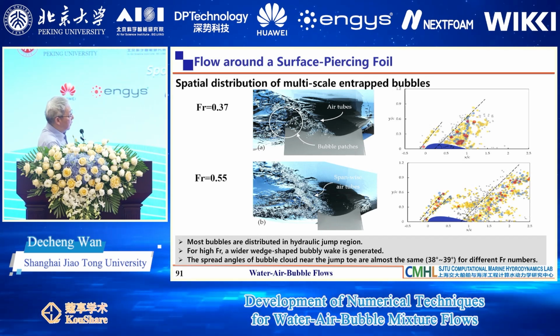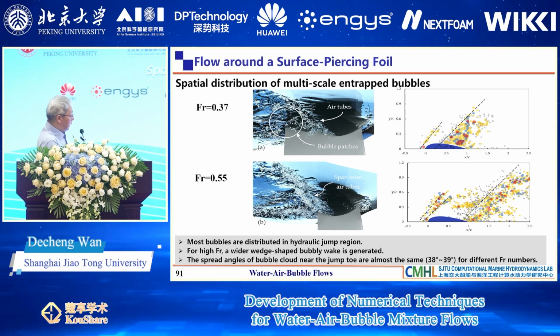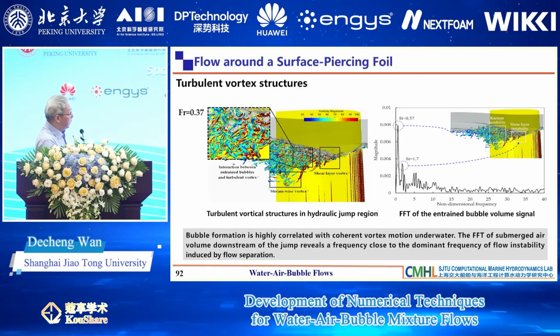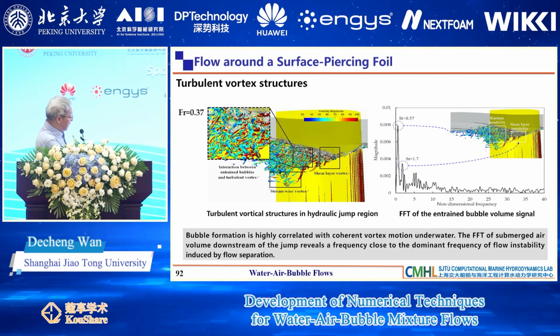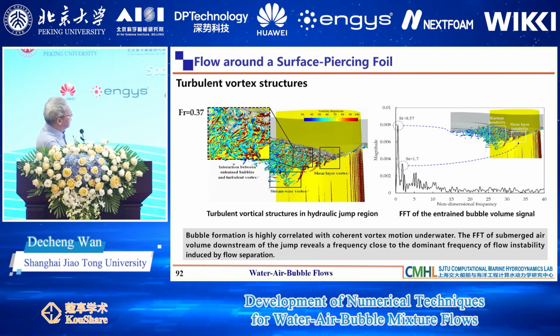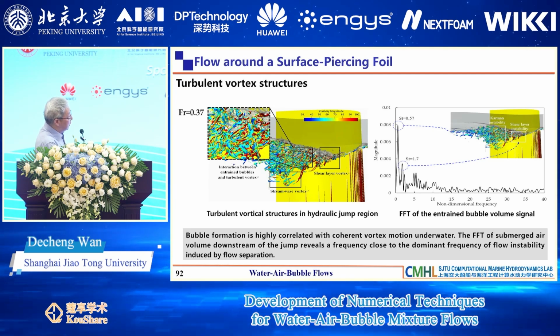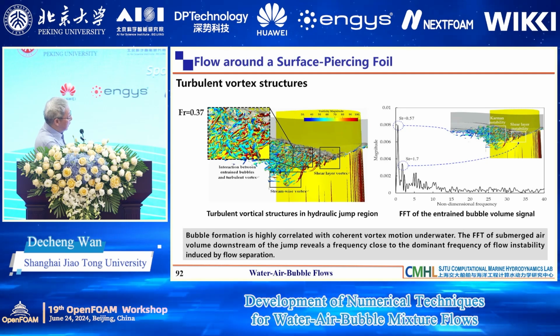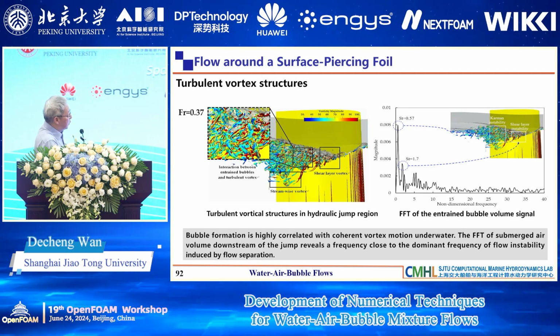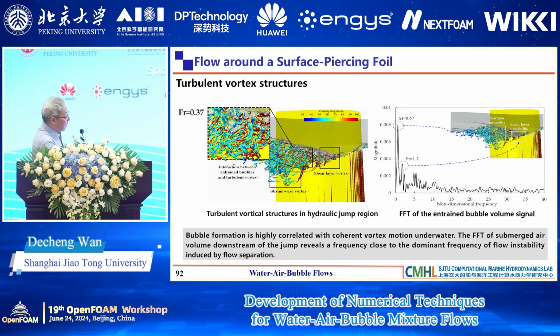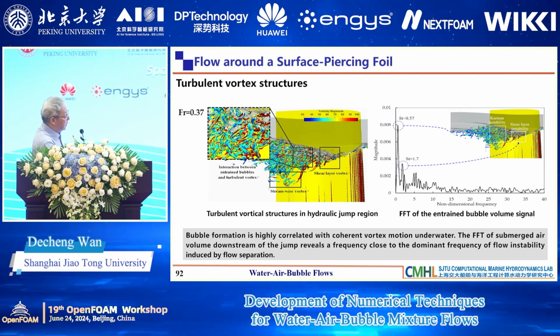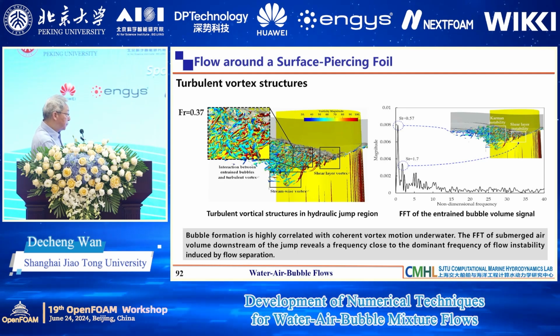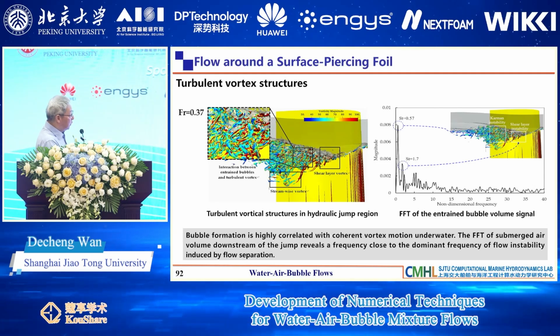So span-wise, we can always get this phenomenon. And then we can see this very complex turbulent vortex structures along this breaking hydrofoil and near these breaking regions. And we can see the oscillation of the velocity along these breaking regions.